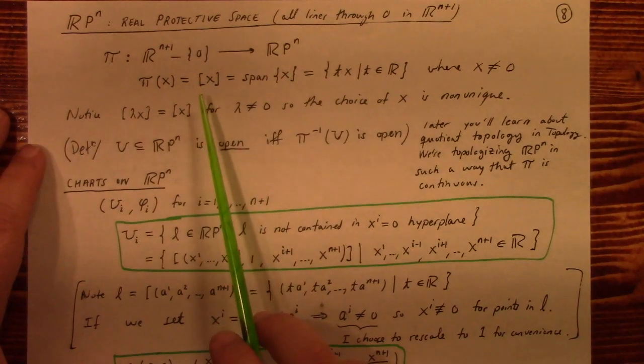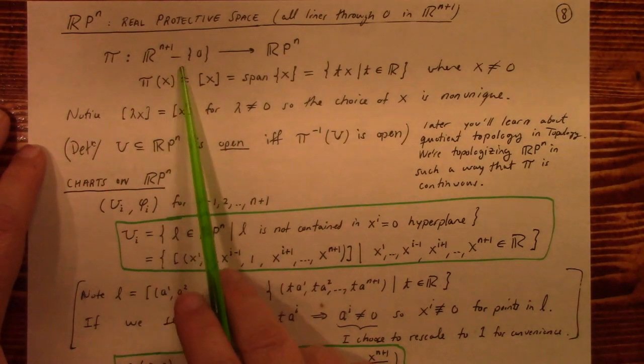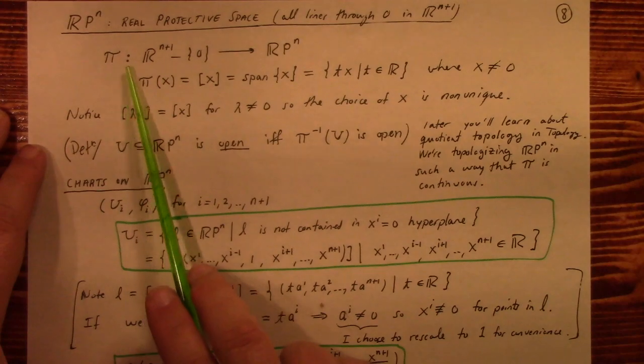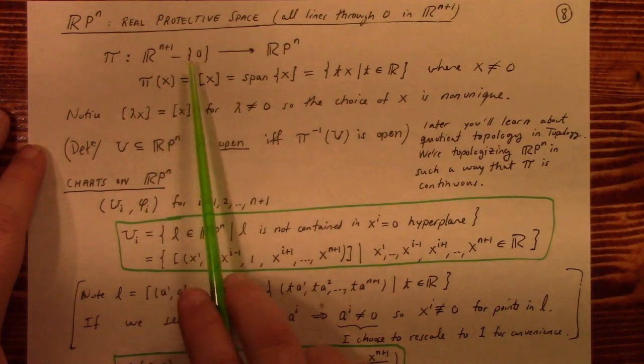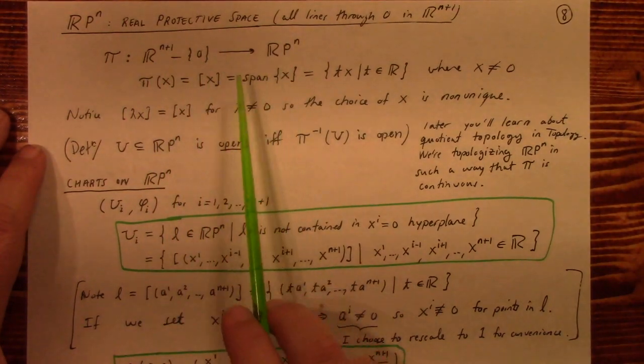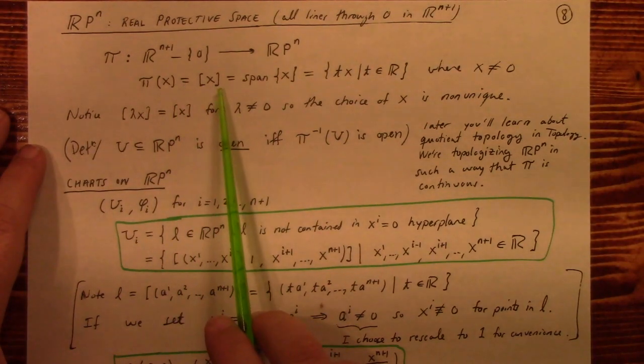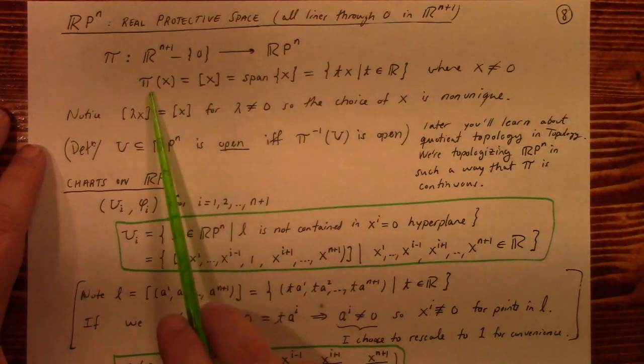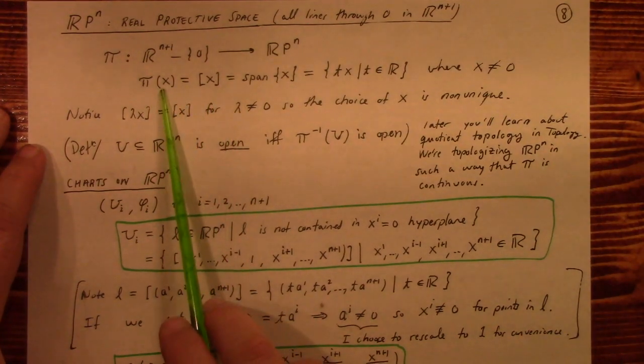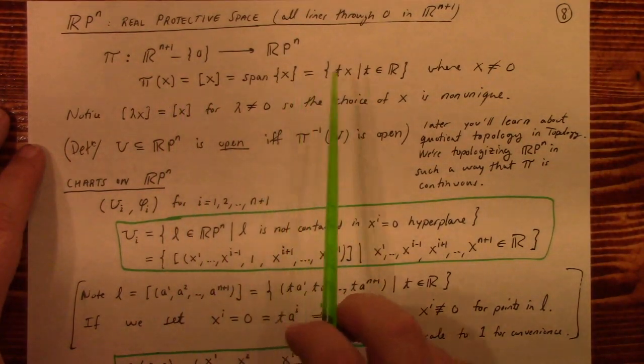Jeffrey Lee talks about the pi map from non-zero n plus 1 vectors to RP^n, which is simply the pi map. Pi of x is the line which x generates, right? In other words, map x to the span of x.